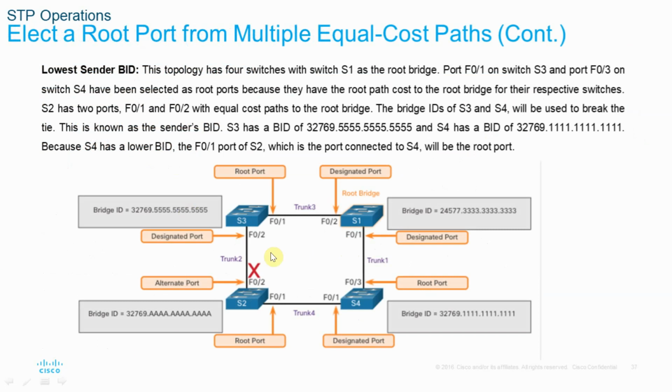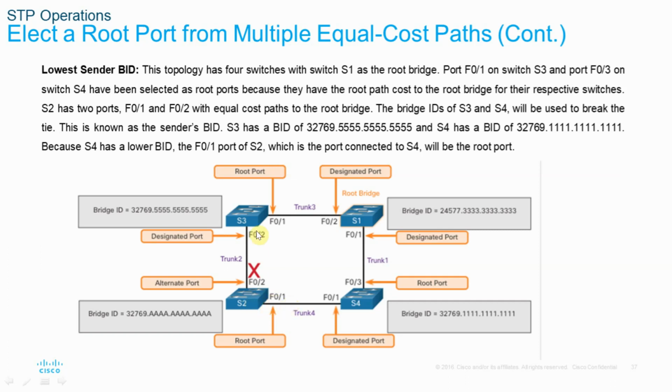See here another one: S1, S2, S3, S4. Where is the root port? This is the root port because 24577 is the priority. So both ports 0/1 and 0/2 are designated ports. Now for S3, this is the root port. For S4, this is the root port. For S2, we have this root port.